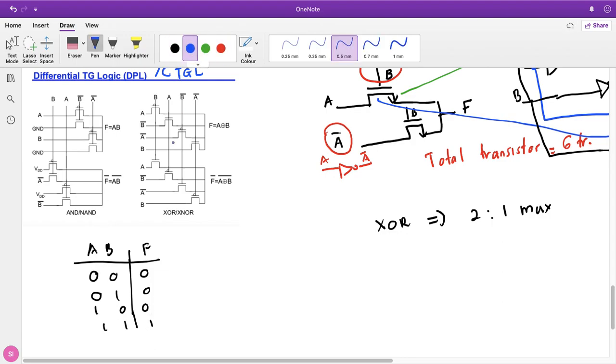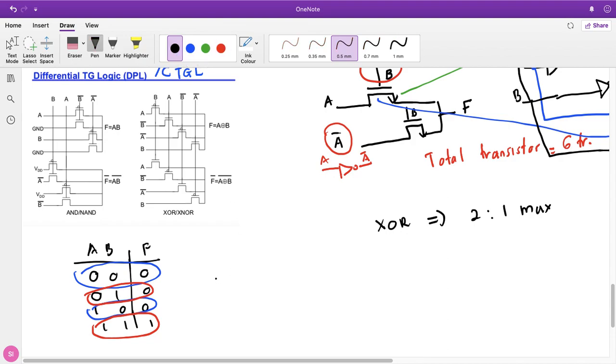we can claim that when the control line is 0, it's following the input A. When the control line is 1, it's following the B, and when the control line is 0, the output is tied to 0.